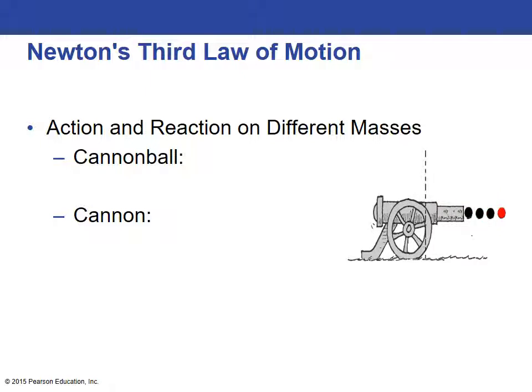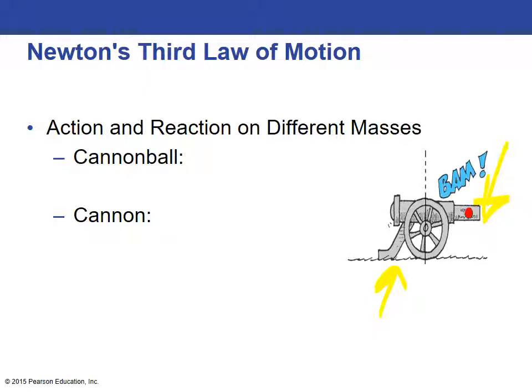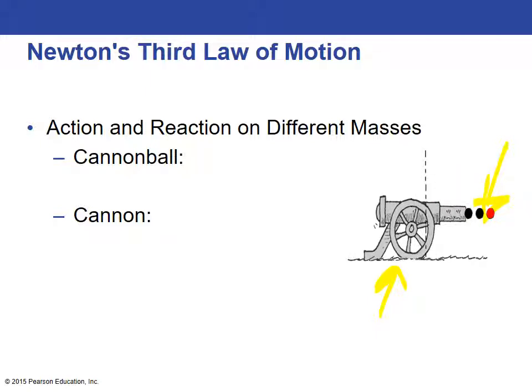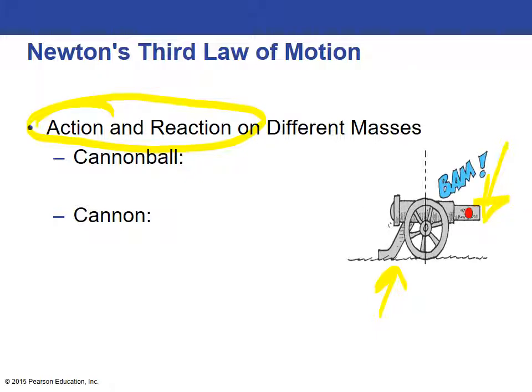Now remember, we want to be very specific, so we are looking only at the cannon and the cannonball. Those are our two objects. We're not looking at anything having to do with the Earth, with air resistance, with friction. We are simply looking at the system between the cannon and the cannonball.